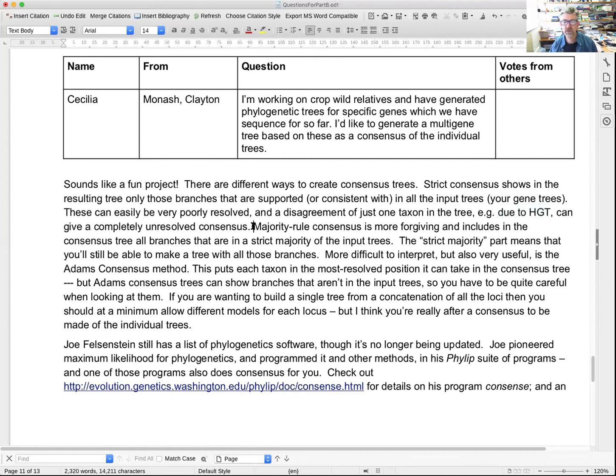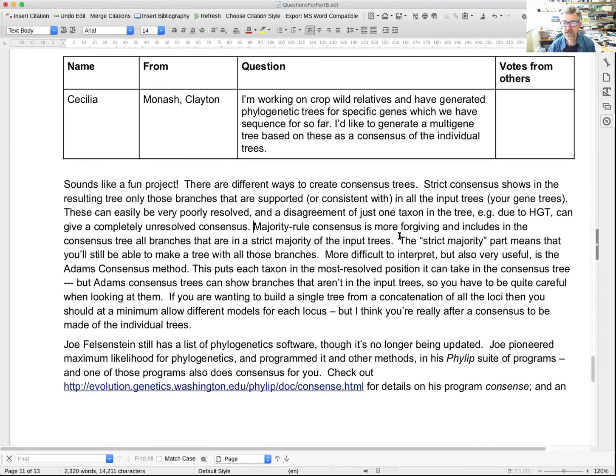The next one would be majority rule consensus. That's a consensus method where, if you have a disagreement between potential branches supported by the input trees, a branch that is in a strict majority of the input trees, so more than 50%, it can't be 50%, it has to be strictly more than 50%, then that branch gets put into the majority rule consensus tree.